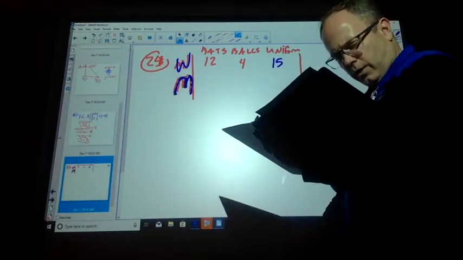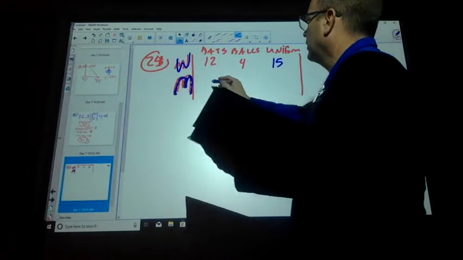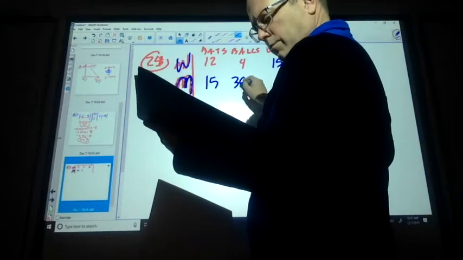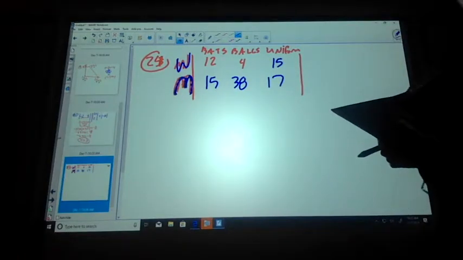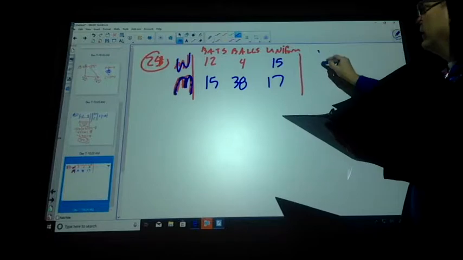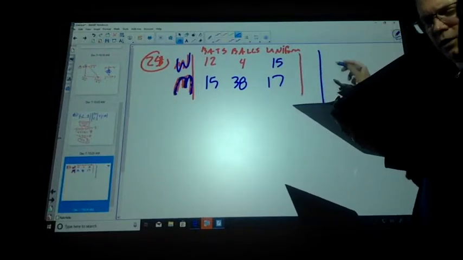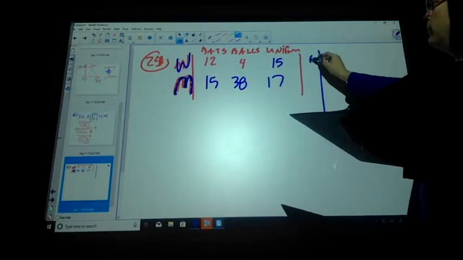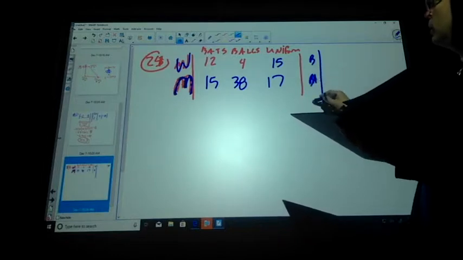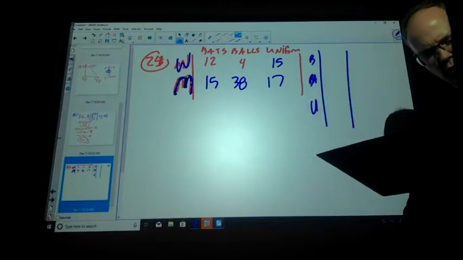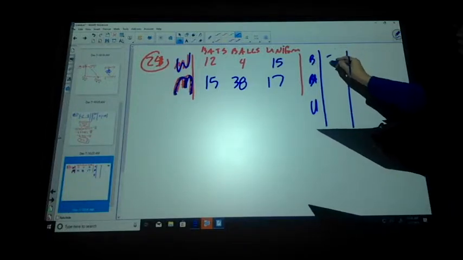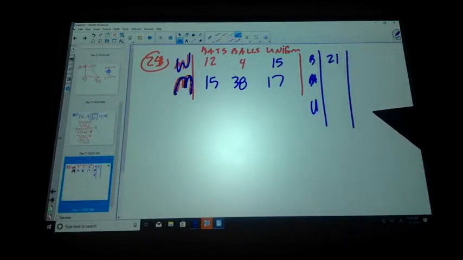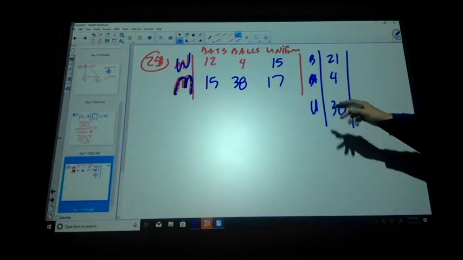And then for the males, it was 15, 38, 17. And then we have this matrix. This is the cost. So we have bats, balls, and uniforms as far as a cost goes. It told us the cost per bat is 21, cost per ball is 4, and the cost per uniform is 30.